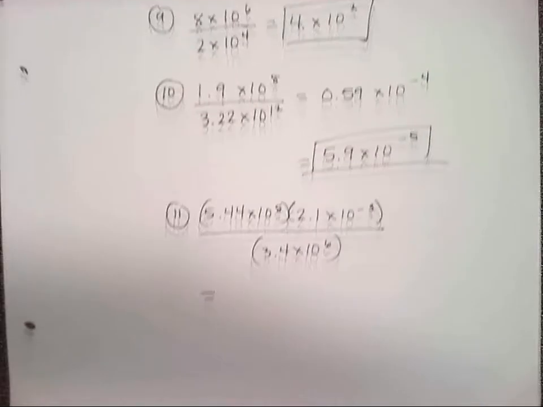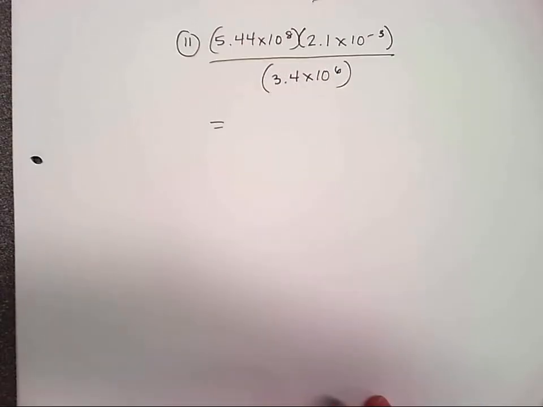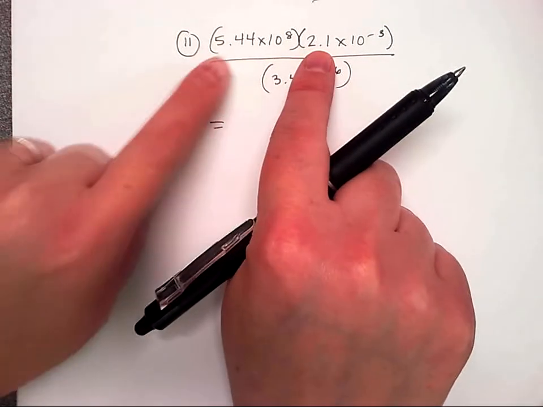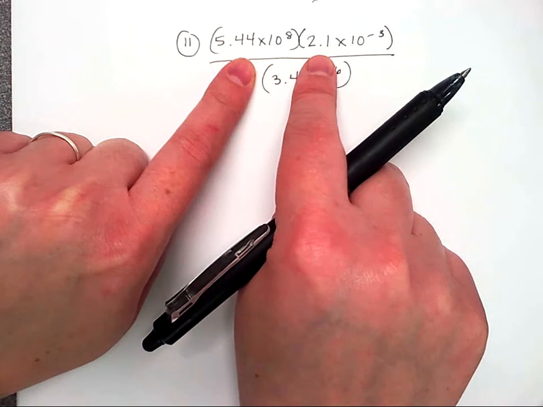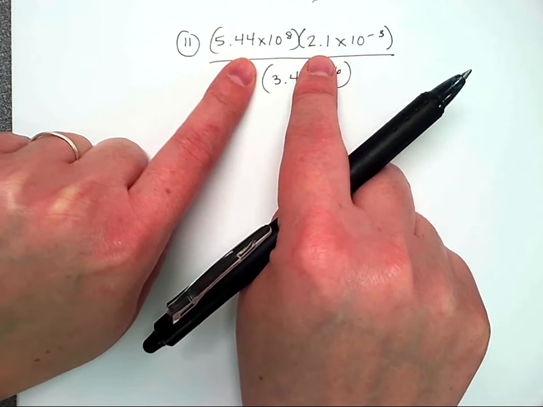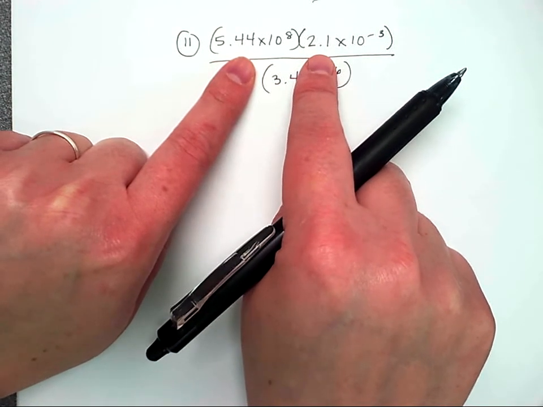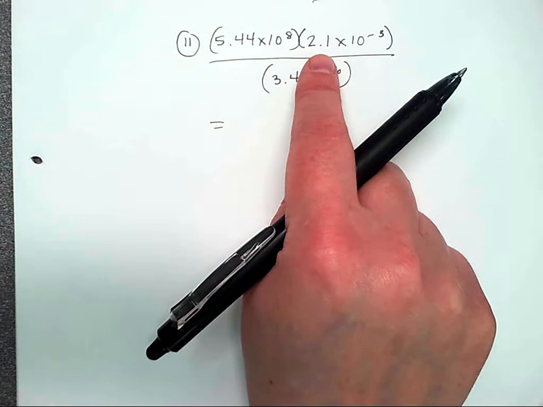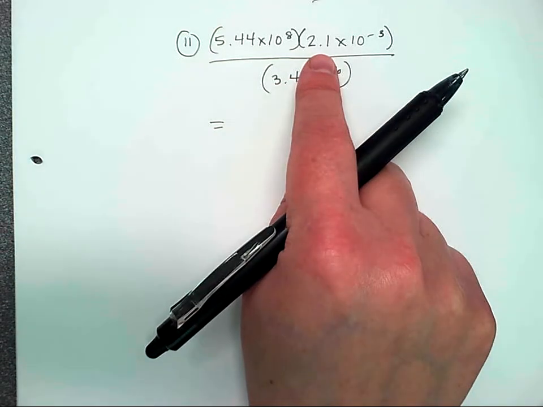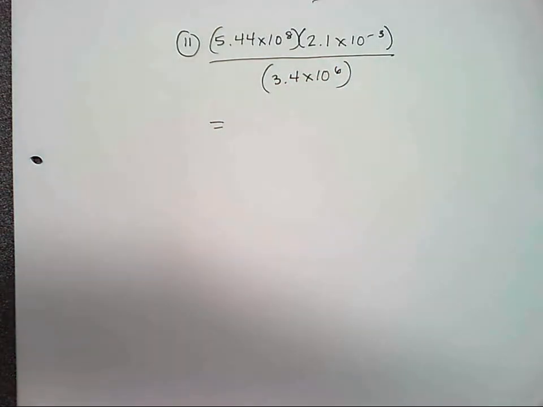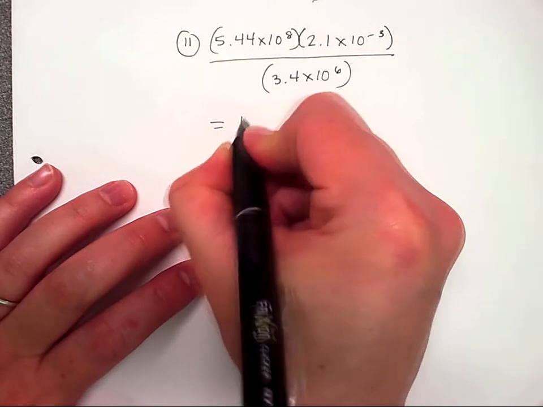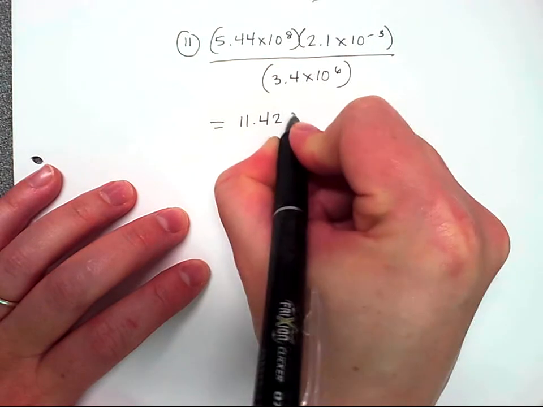So let's look at the numerator first. Who's got a calculator? 5.44 times 2.1, right? 11.42.